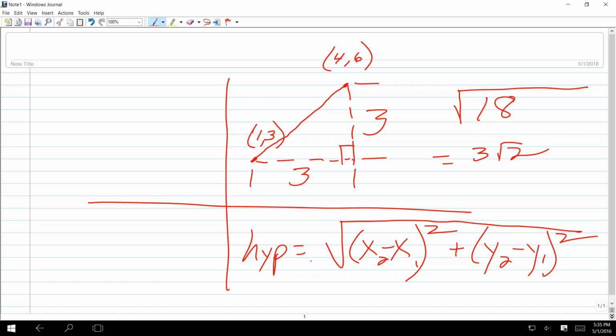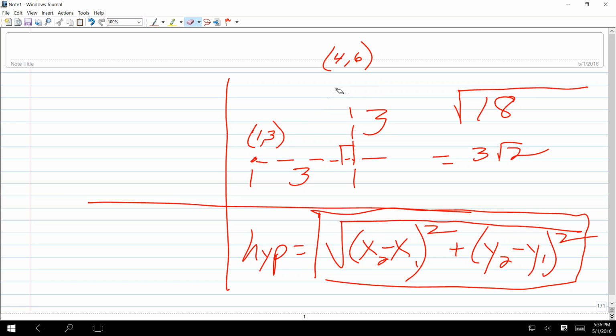A lot of students will look at this and think it's something new, a new complicated formula to memorize. But if you know the Pythagorean theorem, this distance between 2 points will always be the hypotenuse. The only time it wouldn't be the hypotenuse is if it was a horizontal distance.